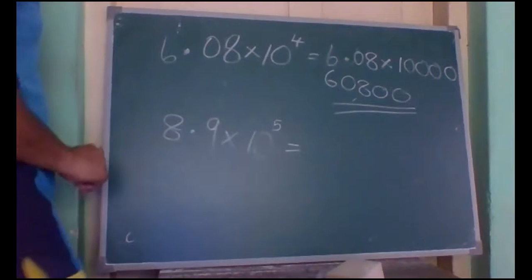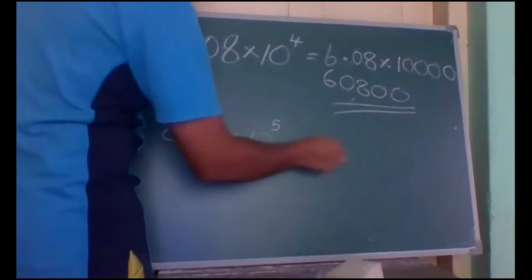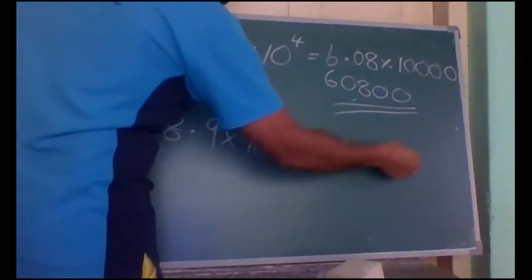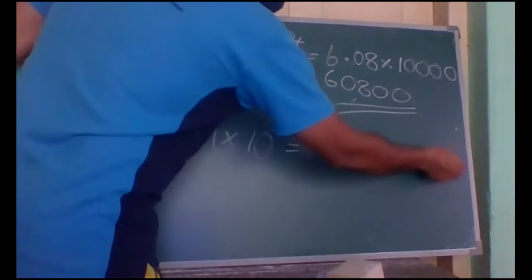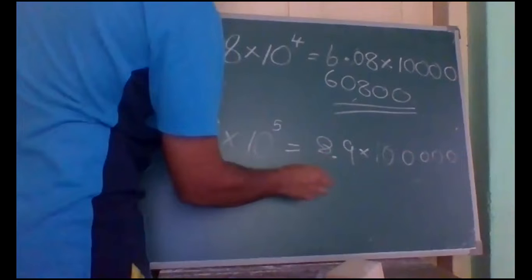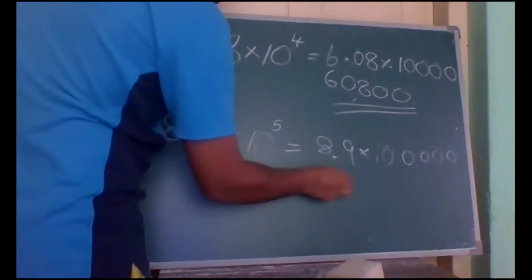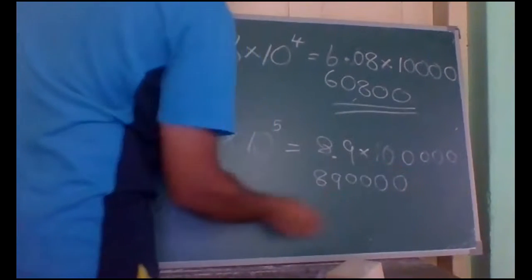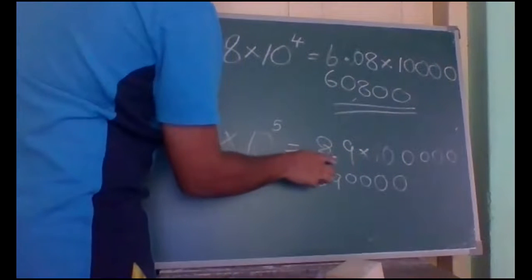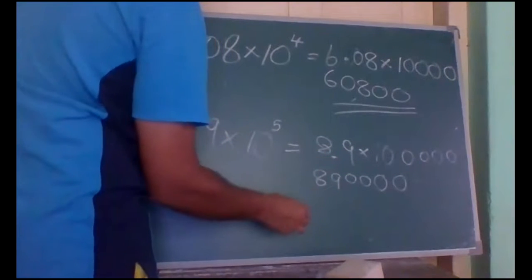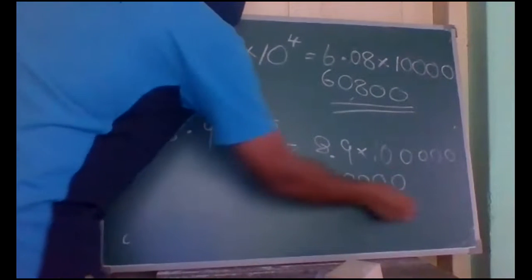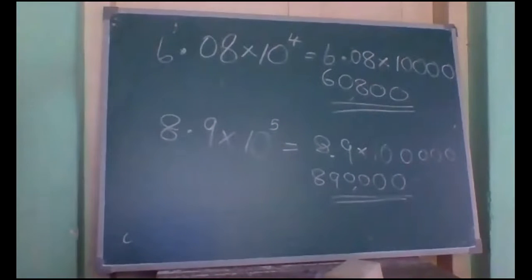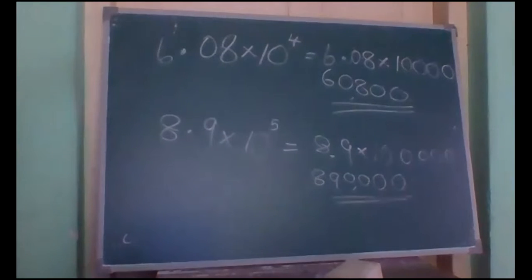Again the same thing. 8.9 into, here how many zeros? 5 zeros, right? That means here is the decimal place. You can move here 1, 2, 3, 4, 5. That means 4 zeros. Why? Because here there is a decimal place. So you can write it this way. Understand? Okay?